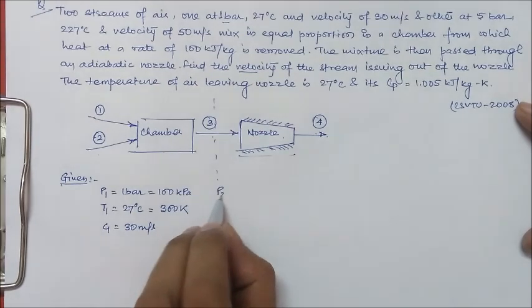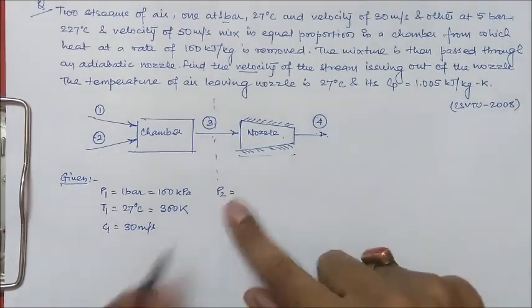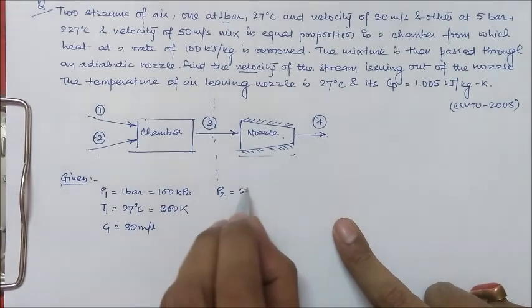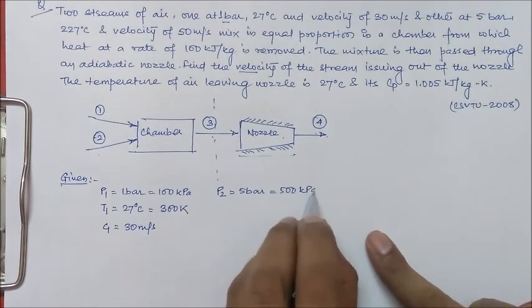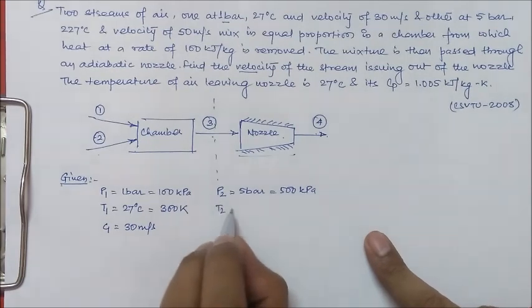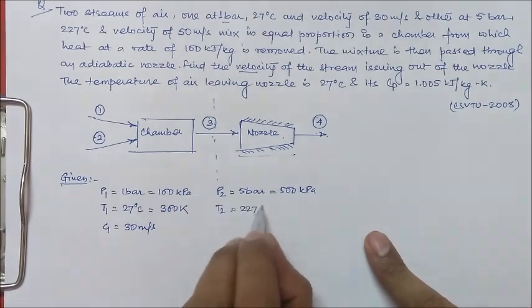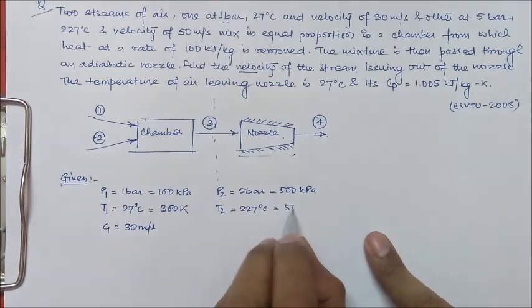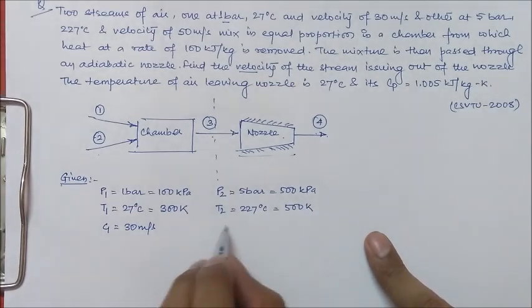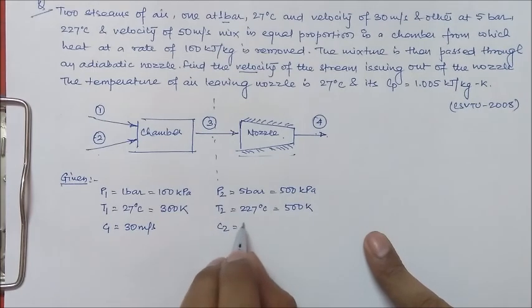The condition of stream 2 is 5 bar, which is 500 kilopascal, T2 as 227 degrees Celsius, which is nothing but 500 Kelvin, and C2 as 50 meter per second.